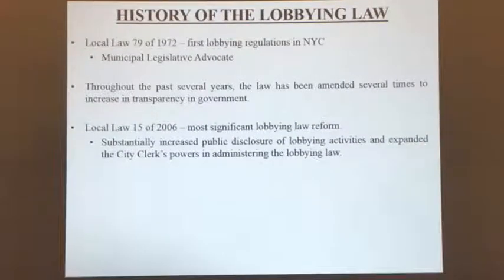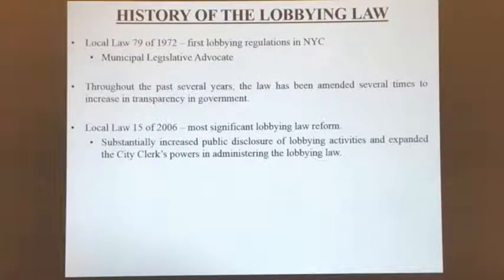2006 marked the most significant changes to the lobbying law. During that time, the city clerk's powers were greatly expanded, our enforcement efforts expanded, and significantly, e-lobbyist was created, and the filings went from being done on paper to being done electronically on the e-lobbyist system.